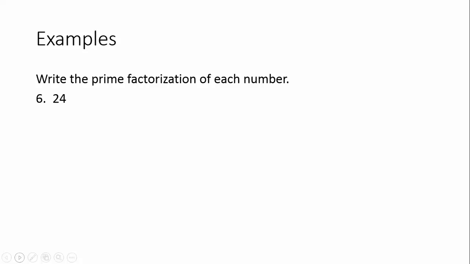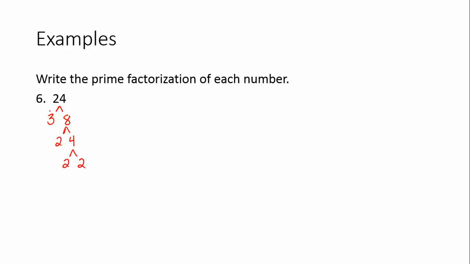Next we have 24, so I'm going to start with 3 and 8. Again, you could have started with 6 and 4, or 2 and 12. You should get the same answer as long as you do it correctly. 3 is prime, but 8 is not. 8 breaks down into 2 and 4. 2 is prime, but 4 is not. 4 splits into 2 times 2.